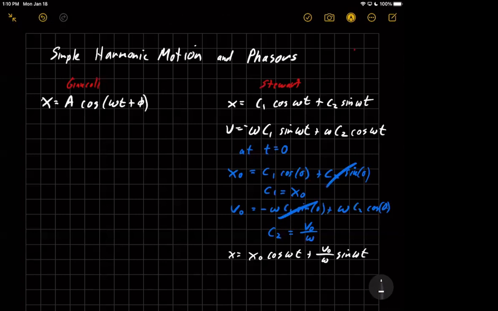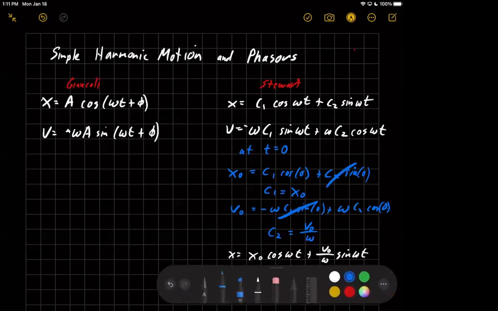Okay, continuing onward, if we go back to the other solution, we didn't do the same thing with that where we took its derivative and evaluated it at time 0. So let's go ahead and do that. If I take the derivative of this, I end up with negative omega A sine omega t plus phi. Let's see what happens at t equals 0.